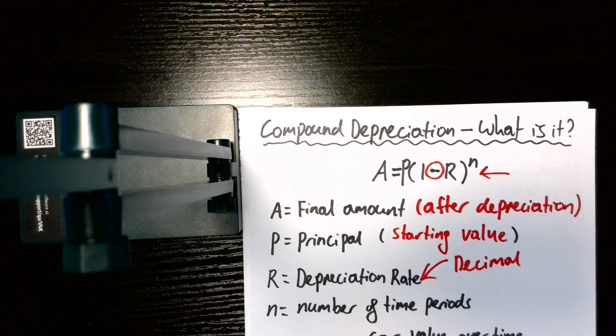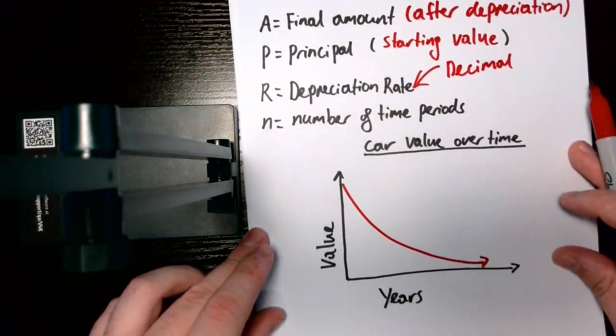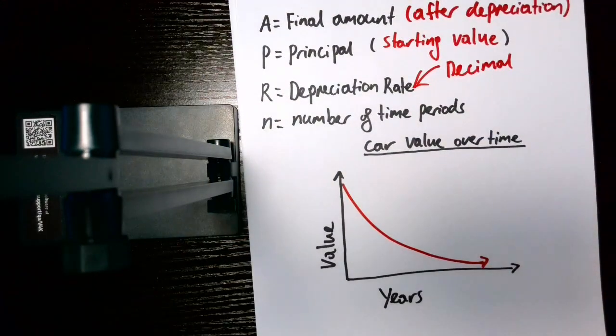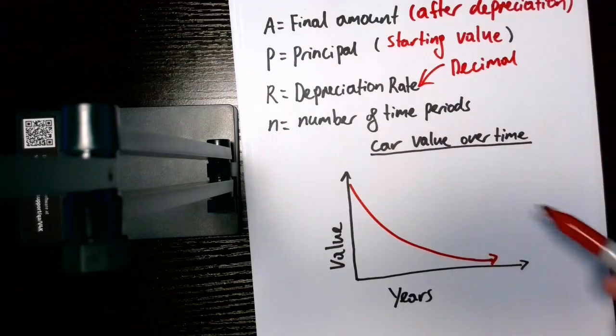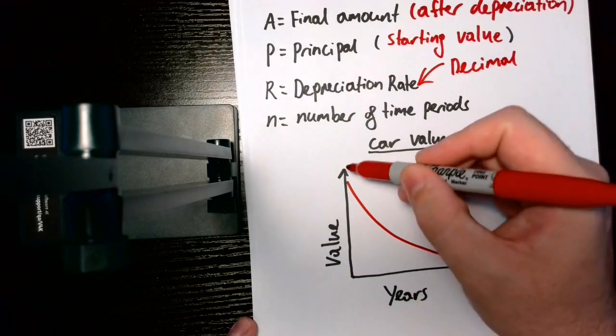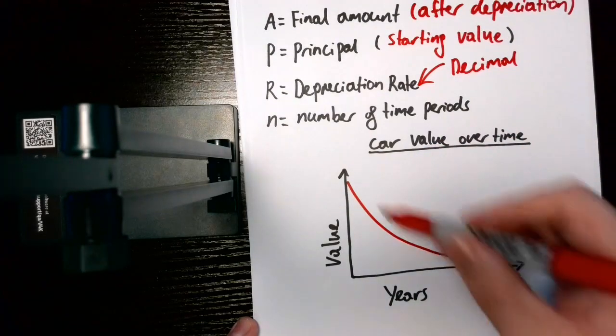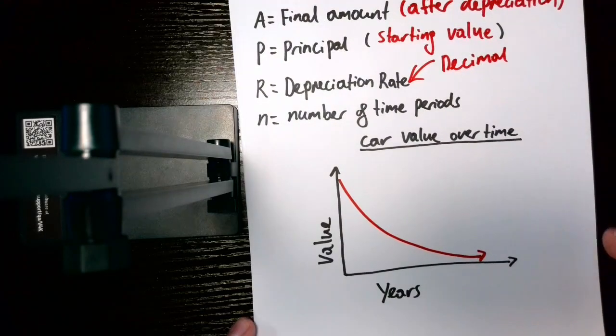Now, what I want you to understand here is that we can graph the value of this car over time. If we look at the value of the car on the vertical axis, and the number of years on the horizontal axis, our car will decrease in a decreasing exponential curve. That's because it decreases by a percentage each year.